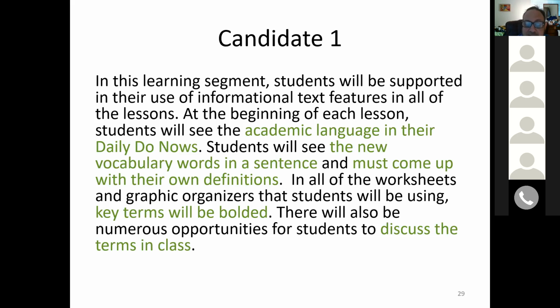You will see that candidate 1, I read this every time, and I think what I'm going to do is put this up so that you can read it. You will see that this is the least descriptive. Notice in the green, he talks about or she talks about what they do, but it is not deep.